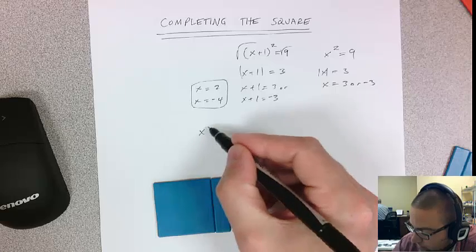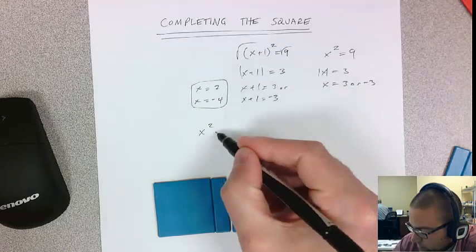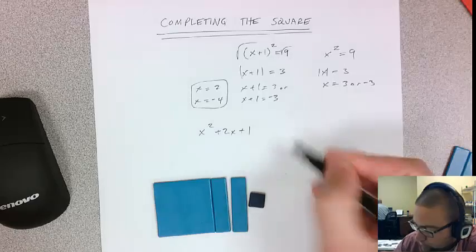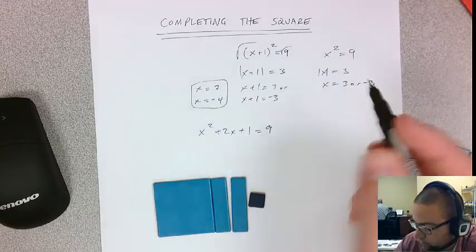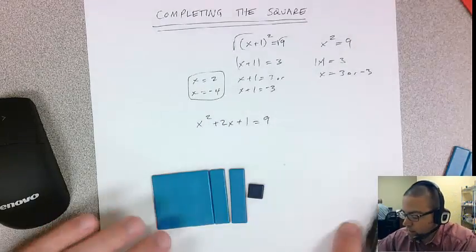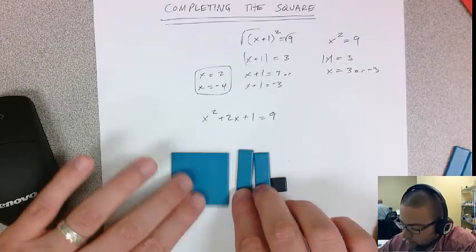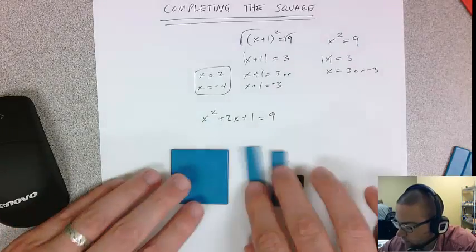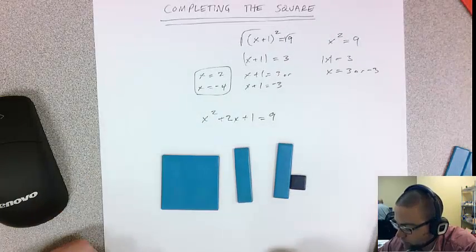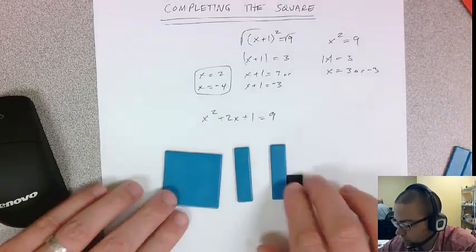So what if I had this equation right here, x squared plus 2x plus 1, and let's say it equaled 9. Can I transform that into a perfect square? Well, I have my x squared and my 2x's and my 1, so can I rearrange these in a way that it would look like a square? Yes, I can.